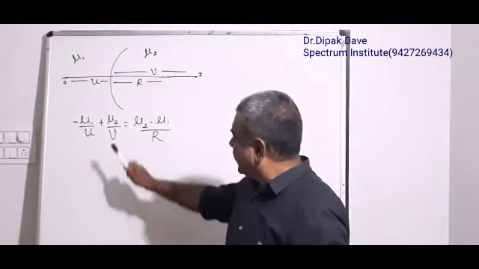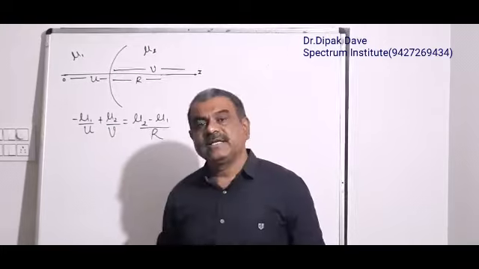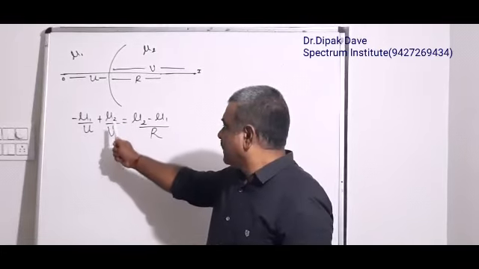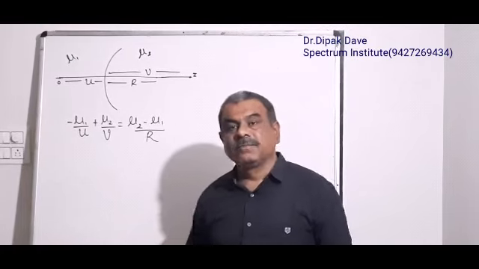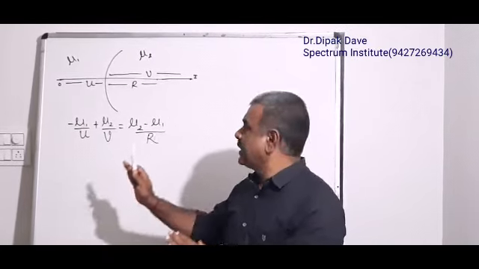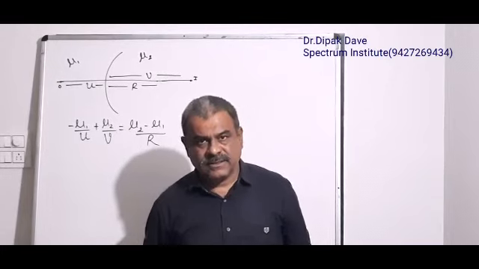This equation gives the relation between u, that is object distance, v, that is image distance, and R, radius of curvature, for refraction through curved surfaces.